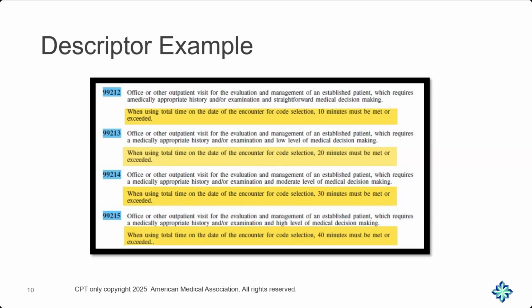So there's going to be that time between the 30 and the 40, those 10 minutes, where you're still just billing that 99214. But again, as I called out earlier, this may be a situation where you want to look and see if you can bill with medical decision making. Otherwise, you do have to meet these thresholds.